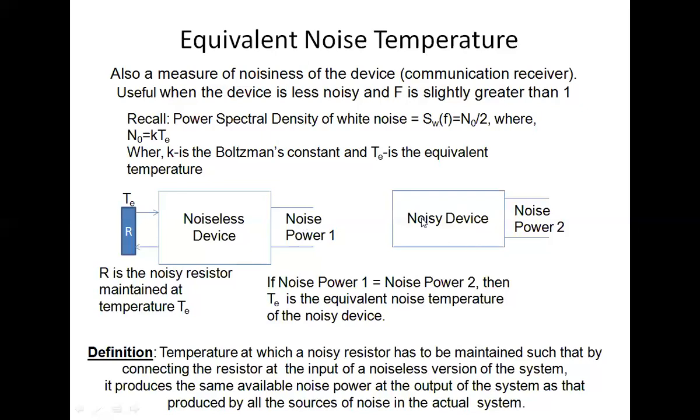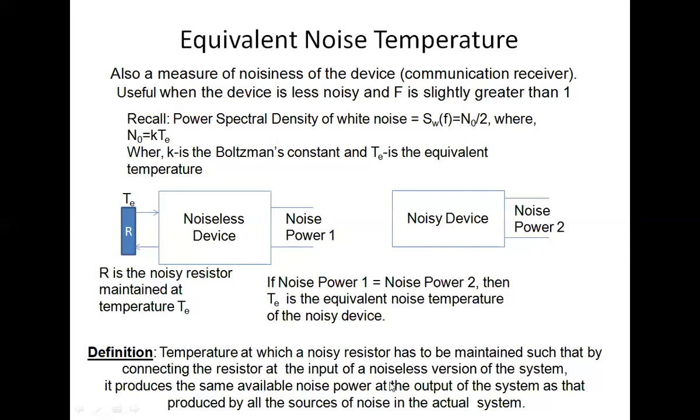Similarly, for the noisy device, measure the output noise power, and call it noise power 2. If noise power 1 is equal to noise power 2, then this T is known as the equivalent noise temperature of the noisy device.